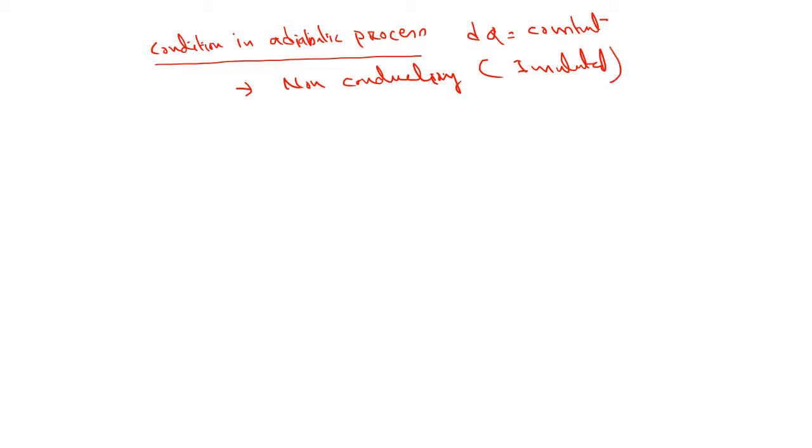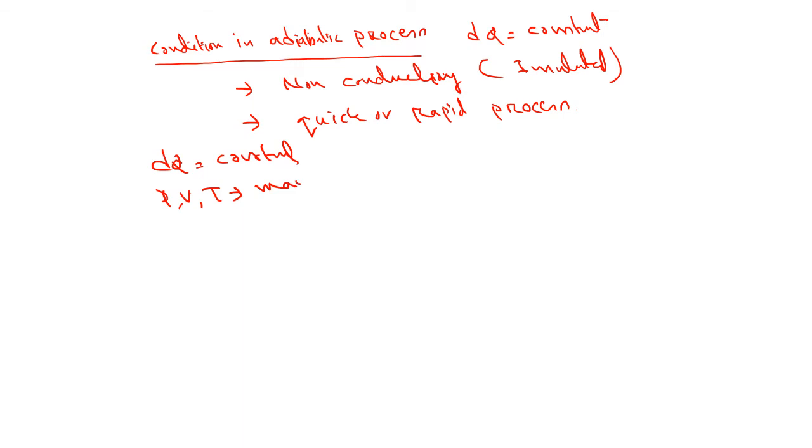It means there is no exchange of any heat. In our isothermal, the process is conducting. Here it is non-conducting, and the second is a quick or rapid process. So to get the adiabatic system, we need two conditions. One is that it is non-conducting, and another is that it is a rapid and quick process. And also our dq is equal to constant, and our other variables P, V and T may change in our adiabatic process.